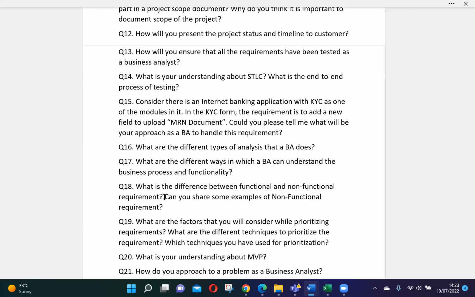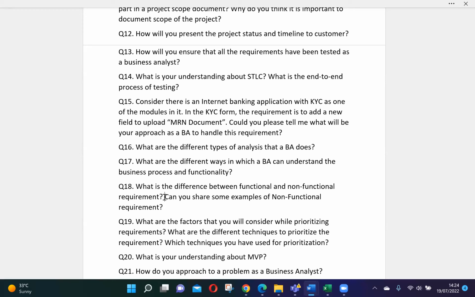I'm not really sure of that part. Examples of non-functional requirements are performance, security, portability, compatibility, maintainability, and usability.